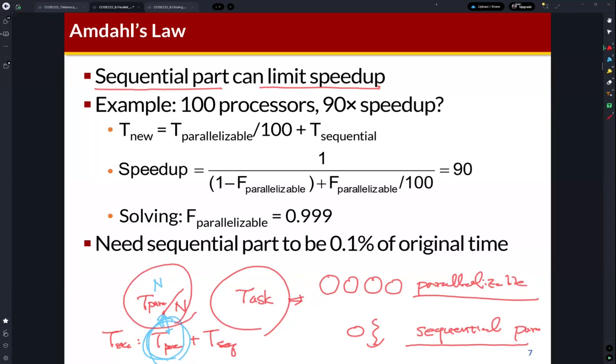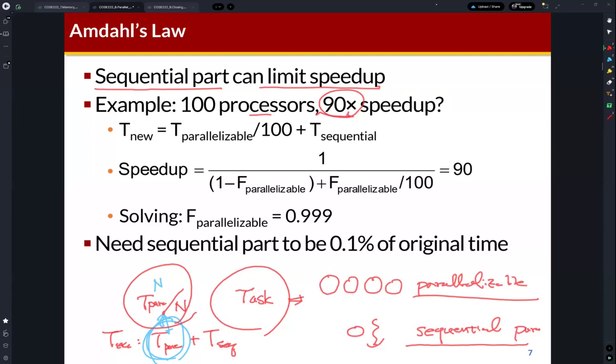And this is an example. Let us assume that we have 100 processors, and we want to achieve 90 times speedup. Then what is the fraction of the parallelizable part for this condition?